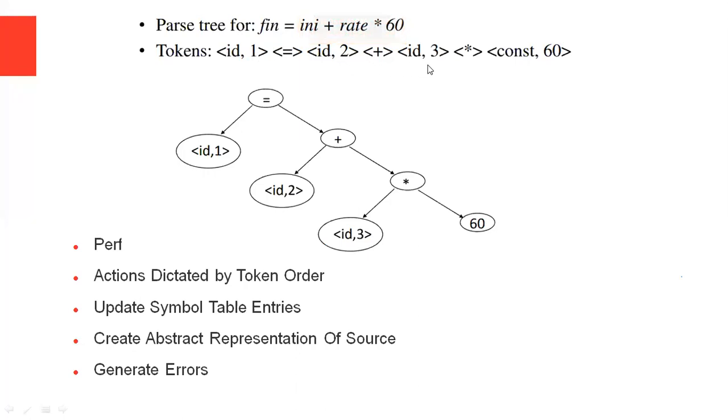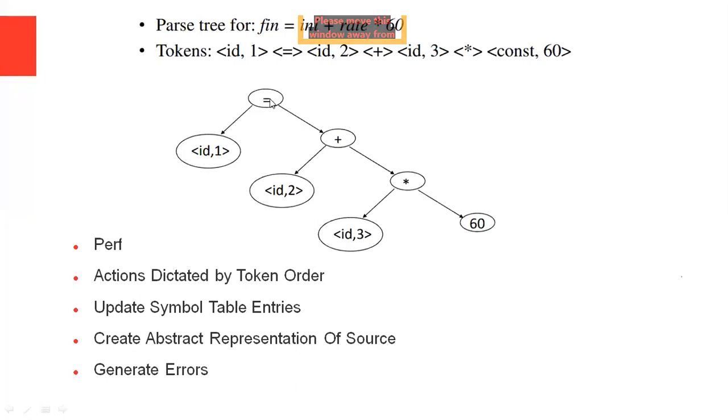So in this way we are getting the tokens from the given example. So we can construct a syntax tree or parse tree for the given example. So this one is the syntax tree or parse tree for the above example.